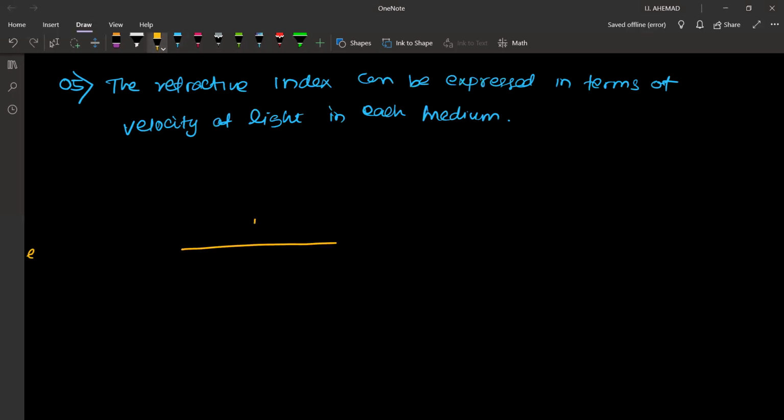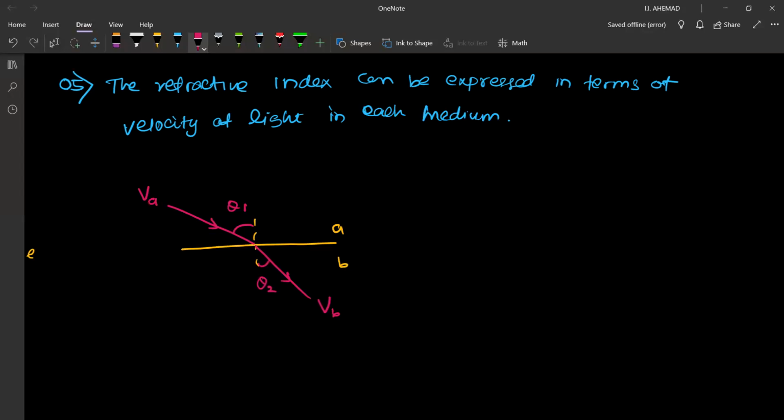So let's say this is medium A and this is medium B. If the light is incident at a certain angle, theta 1, and refracted at a certain angle, theta 2, let's say the speed of light in medium A is VA and the speed of light in medium B is VB.